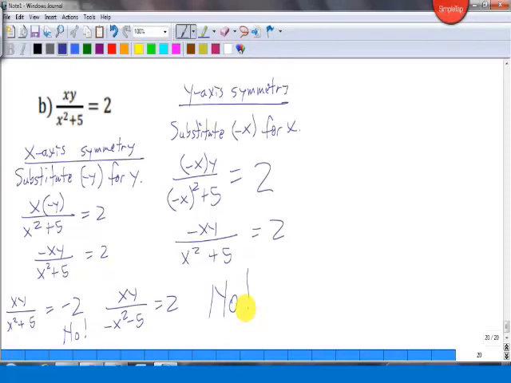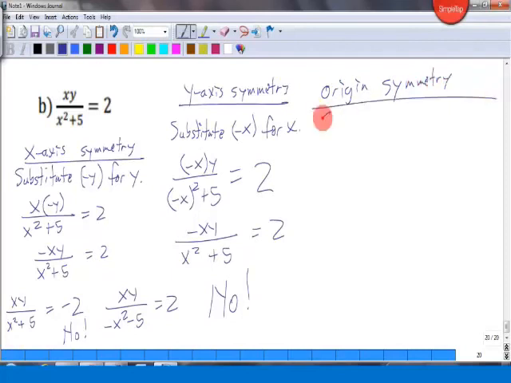Now, no x-axis symmetry, no y-axis symmetry. Do we need to bother checking for origin symmetry? Yes. Maybe it's possible that it could have origin symmetry, but neither of the other two? I think it's possible. So let's go ahead and check origin symmetry. What we've seen is if we substitute negative y for y and simplify, it's not equivalent to the original.